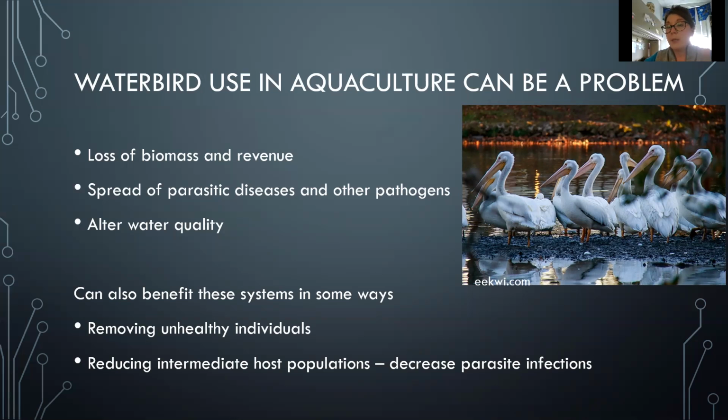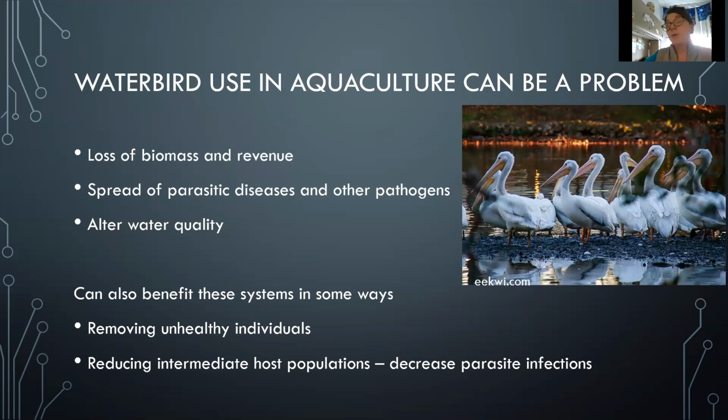Some of them are going to be eating invertebrates, seeds, things like that in the ponds, and not necessarily removing fish directly. In that way, they could be removing other intermediate hosts and reducing disease within the fish populations as well. So it's not necessarily all bad.